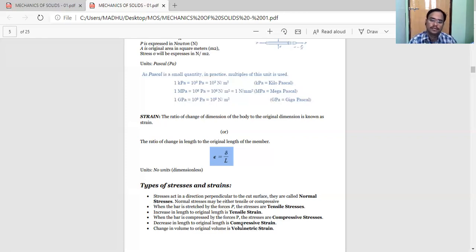When all dimensions are changing, finally the volume will also change. When the loads are within the elastic limit, the change in volume to original volume is the volumetric strain.